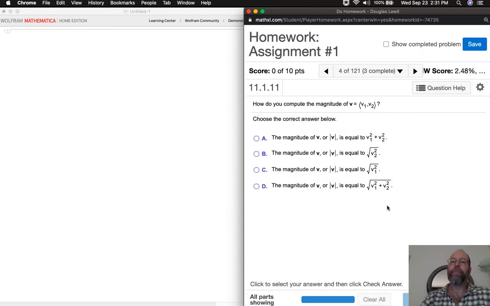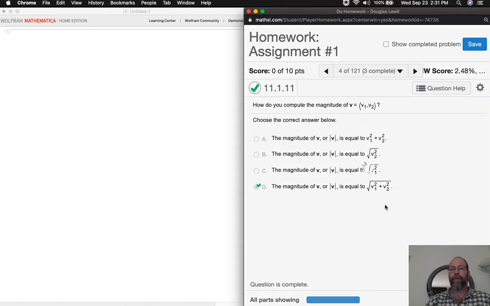How do you compute the magnitude of v equal to v1, v2? Well, that's easy. It's going to be v1 squared plus v2 squared, and then it's the square root of that sum. So that's going to be choice D. Okay, next question.